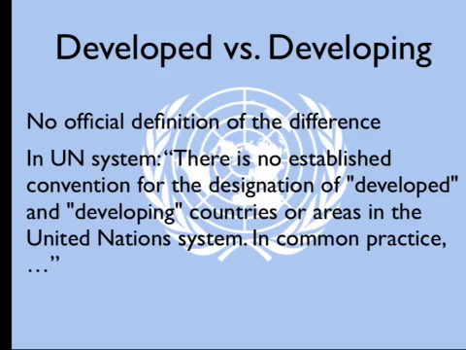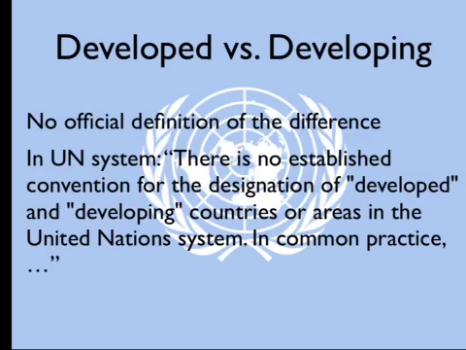This may be a bit surprising, but there is actually no official definition of the difference between developed and developing countries. In the United Nations system, this is what you can read. There is no established convention for the designation of developed and developing countries or areas in the United Nations system.